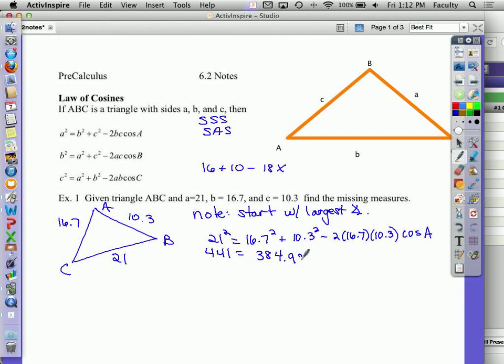Now, by all means, you can do 16.7 squared plus 10.3 squared. Then I'm going to subtract 384.98 from both sides.